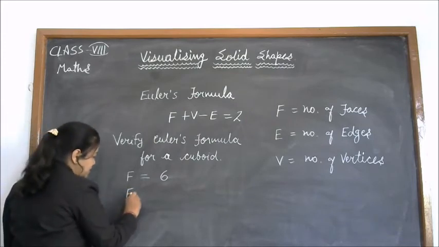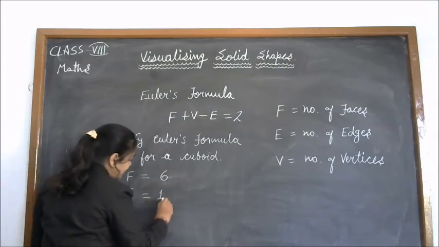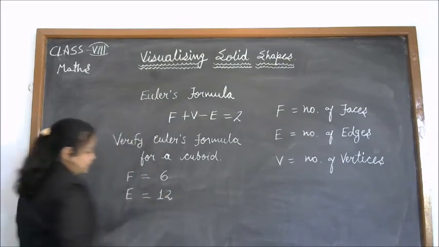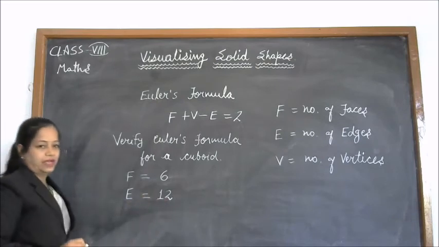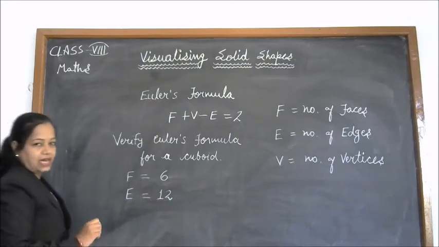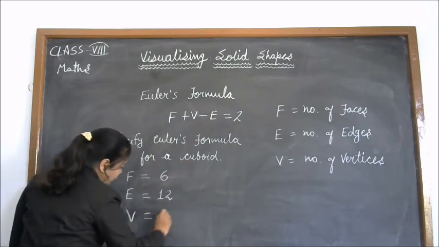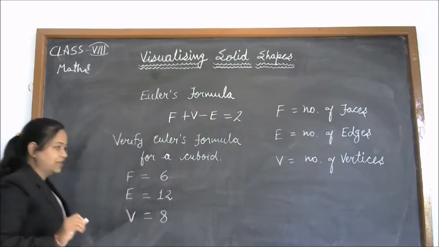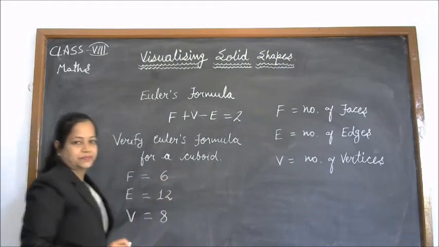There are 12 edges. So the value of E will be 12. And how many vertices are there in a cuboid? V is equal to 8. There are 8 vertices, 8 corners in a cuboid.